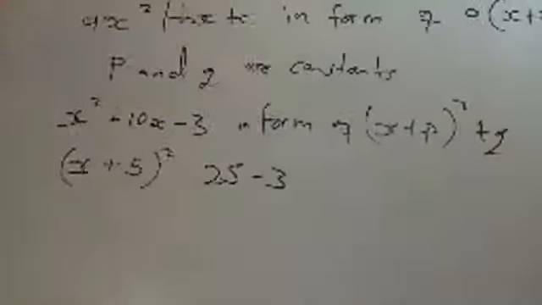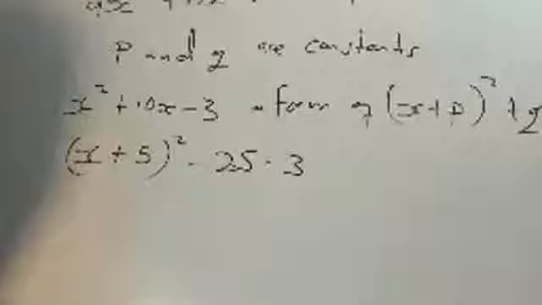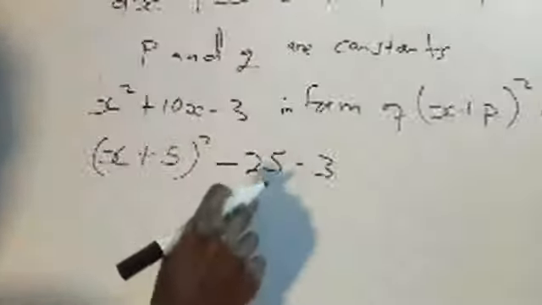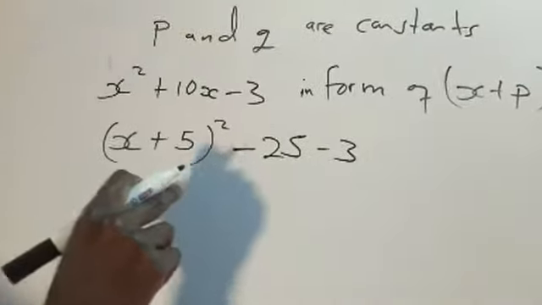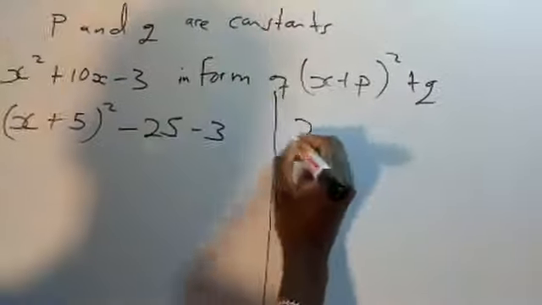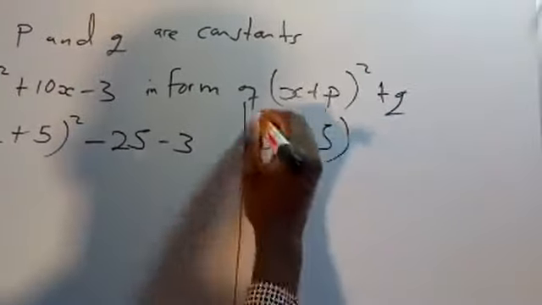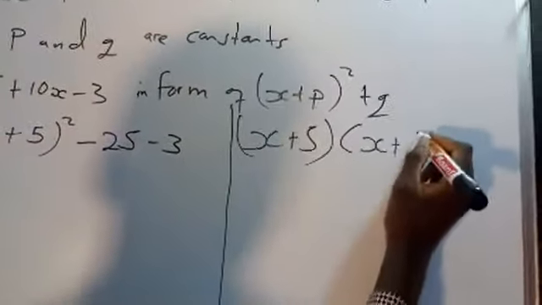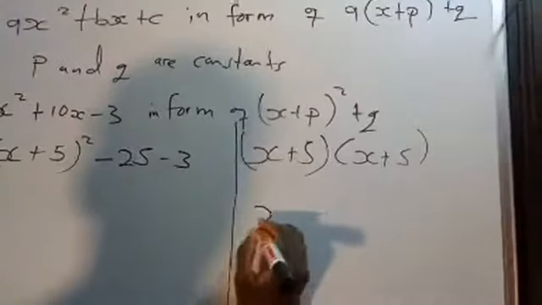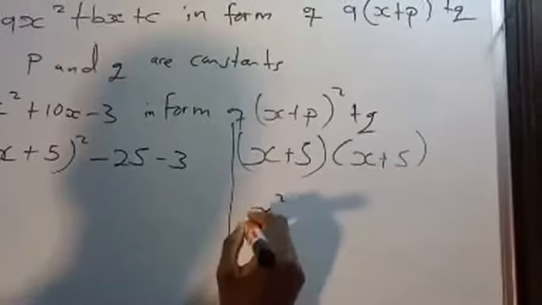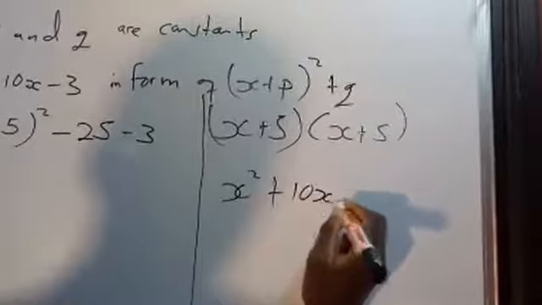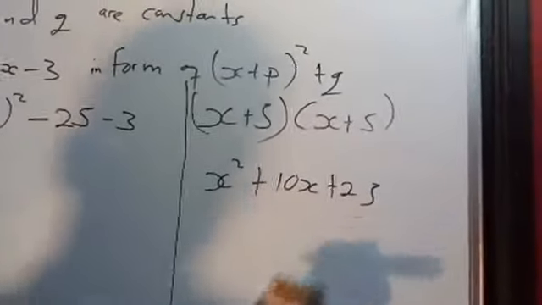Somebody may wonder where we have got this 25 from. When we expand x plus 5 squared, we get x squared plus 10x plus 25.